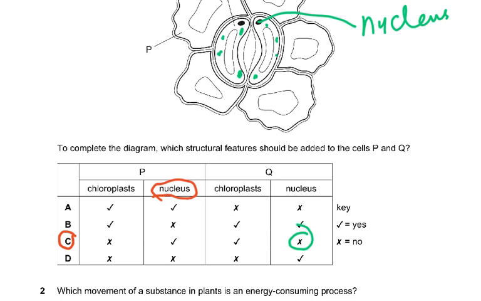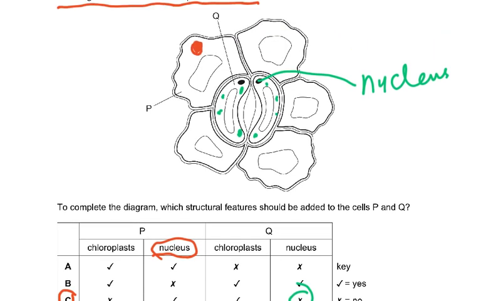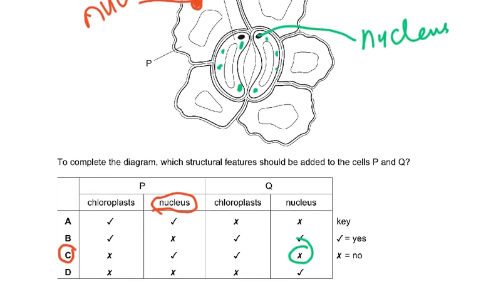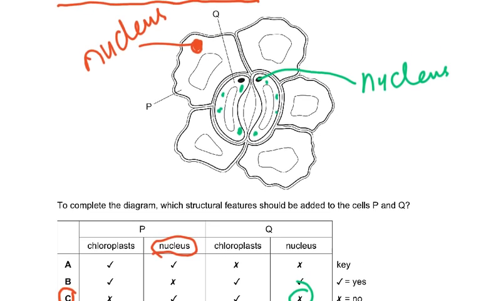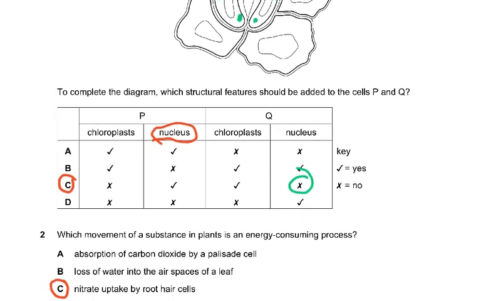So the nucleus is present, but the chloroplasts are not present. So that is why the answer was you add a nucleus to P, and you add chloroplast to Q. So this is how we were supposed to do this question.